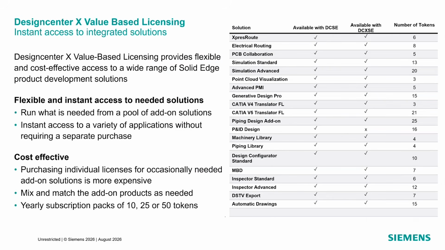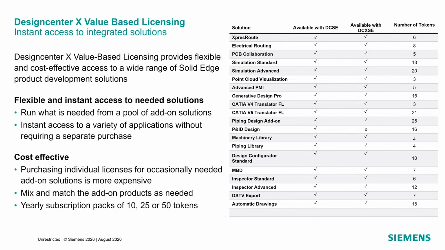As far as the licensing goes, not only can you buy this as its own add-on, if you have access to value-based licensing, Solid Edge Design Configurator is now included with the value-based licensing. So Designcenter X value-based licensing consumes 10 tokens. But if you have that, you can go ahead and get access to the standard version of this product.